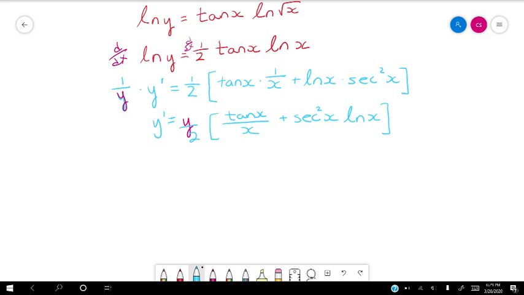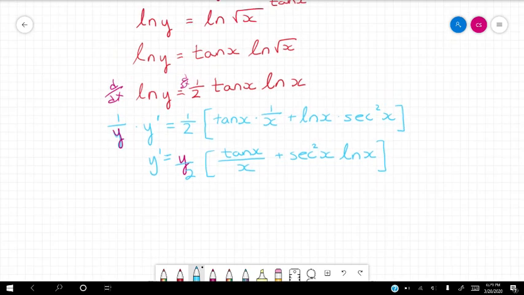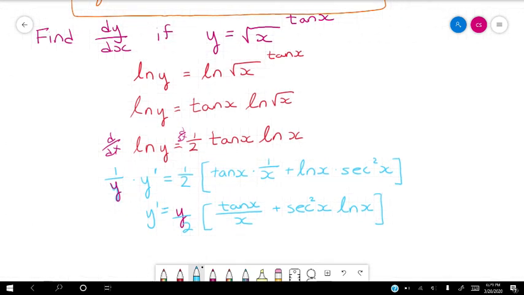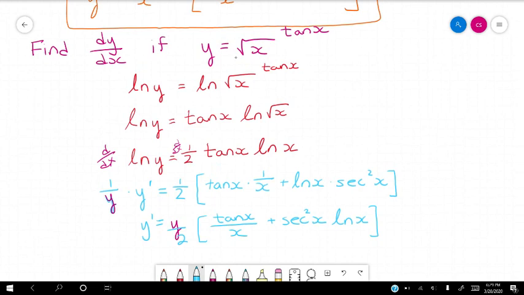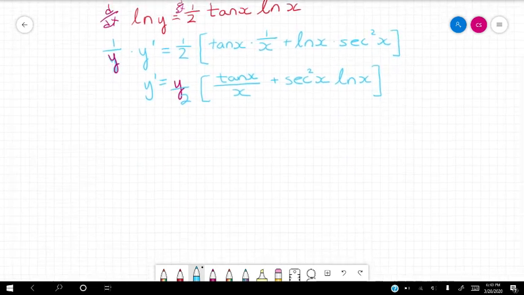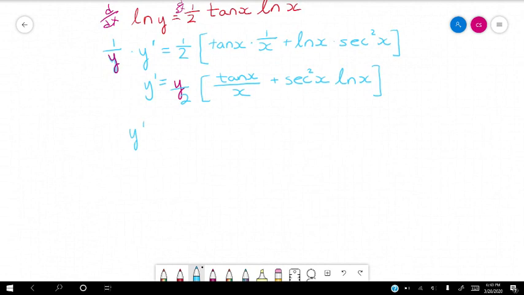All right, we're almost done. We've talked about it before. It's rude to give them y's when they handed us x's. So this is our final step, to make that substitution. And now your derivative is equal to root x raised to the tangent of x over 2, and then times the rest of our function.